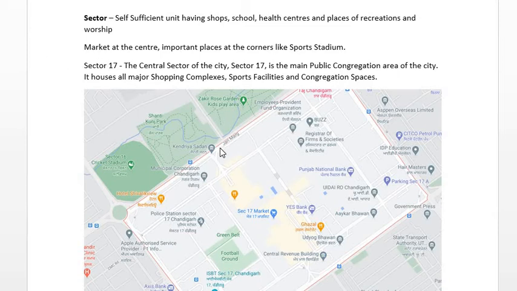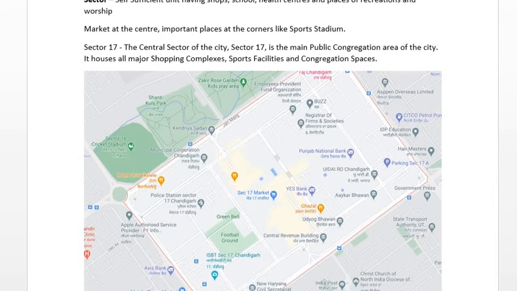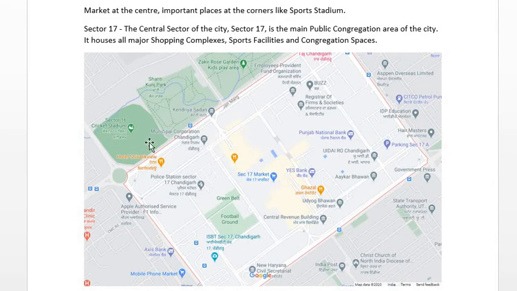And in each sector there is a market which is situated at the center, and other important public places like the stadiums, the sports complexes, and hotels are situated at the corner of the sector.